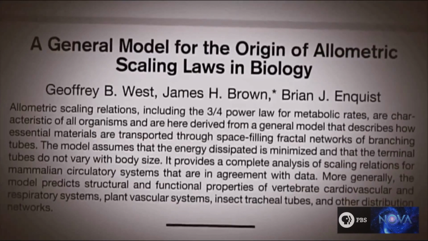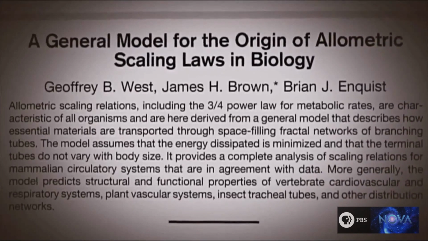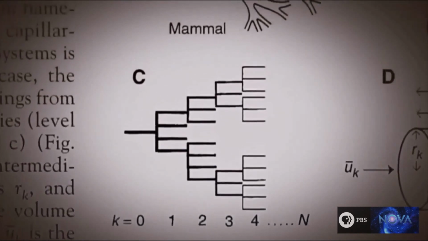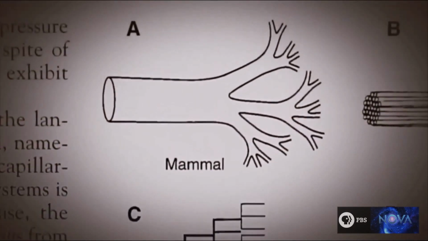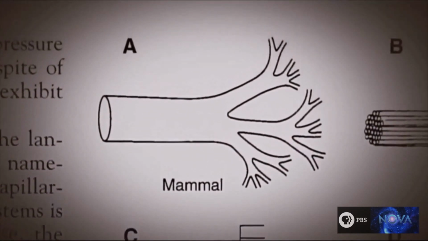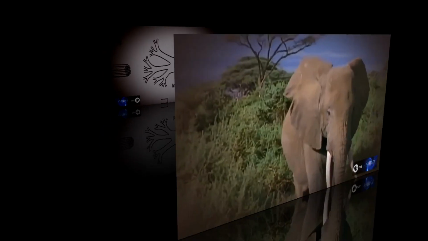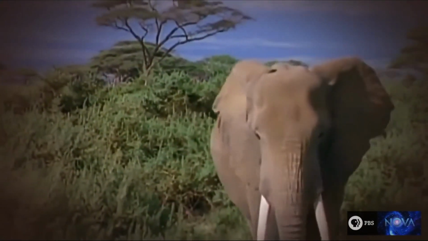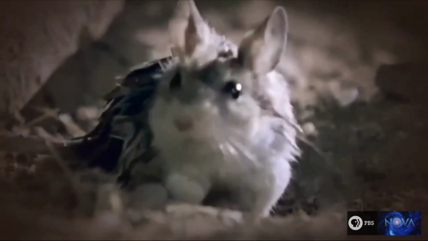West, Brown, and Enquist announced their controversial theory that fractals hold the key to the mysterious relationship between mass and energy use in animals. Why do big animals use energy more efficiently than little ones? That's a question that fascinates biologists James Brown and Brian Enquist and physicist Jeffrey West.